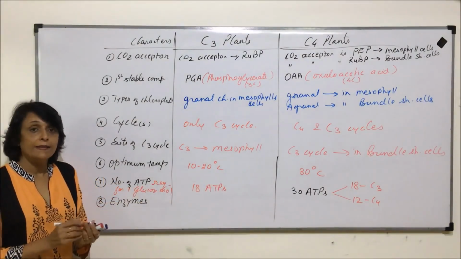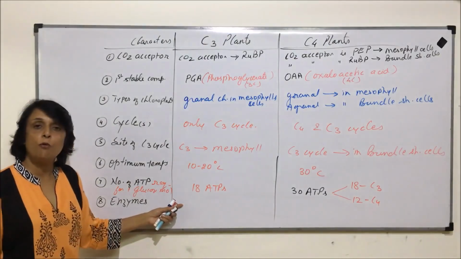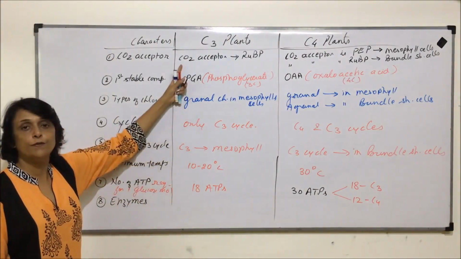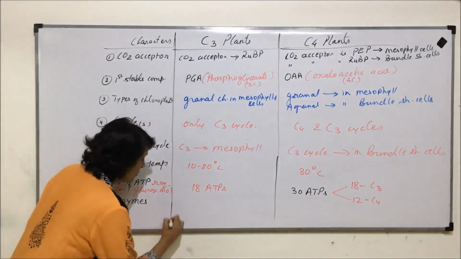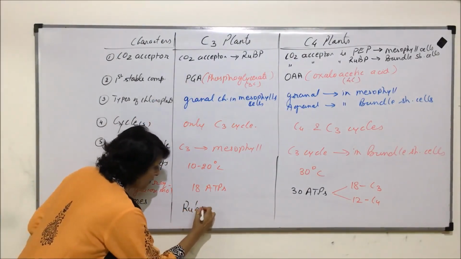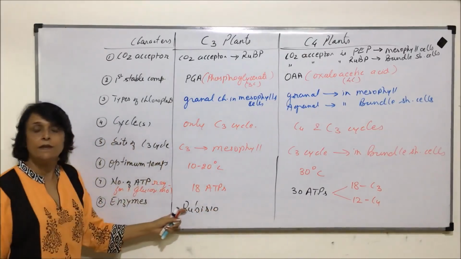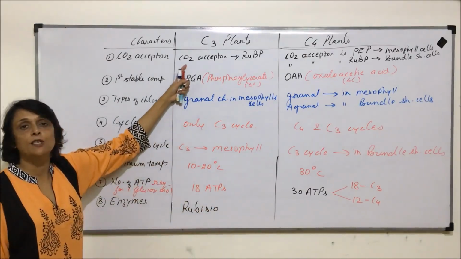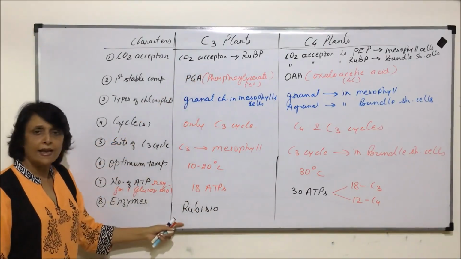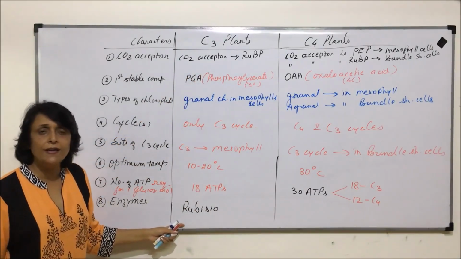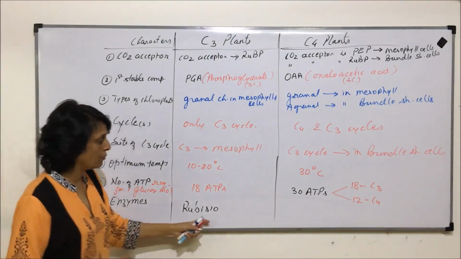Enzymes. The enzyme which plays an important role in case of C3 plants is rubisco, which helps in carboxylation of RUBP. There are other enzymes also which are required, like NADP reductase and all those.